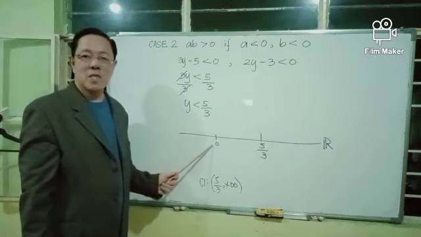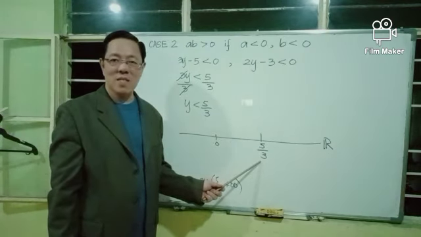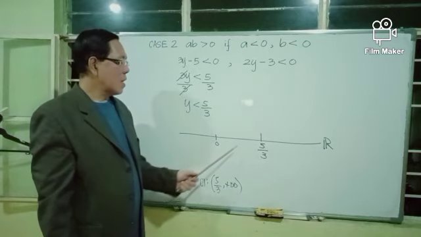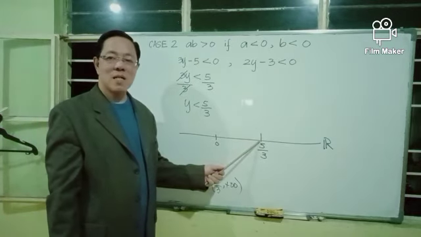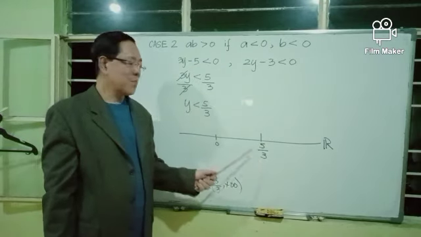With reference to this point or the origin, we locate 5 over 3 because it's positive. 5 over 3 is to the right of 0. And we approximate that this point is 5 over 3 and we label it with 5 over 3.